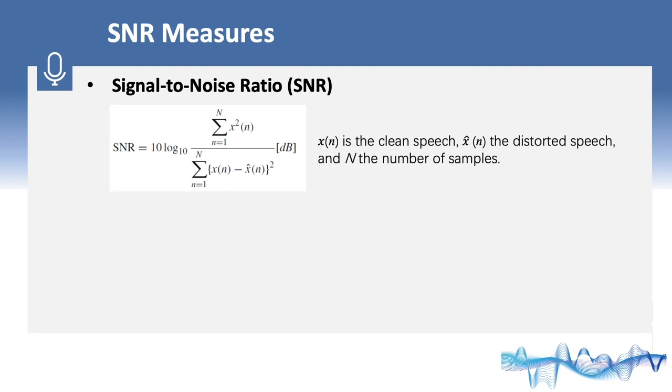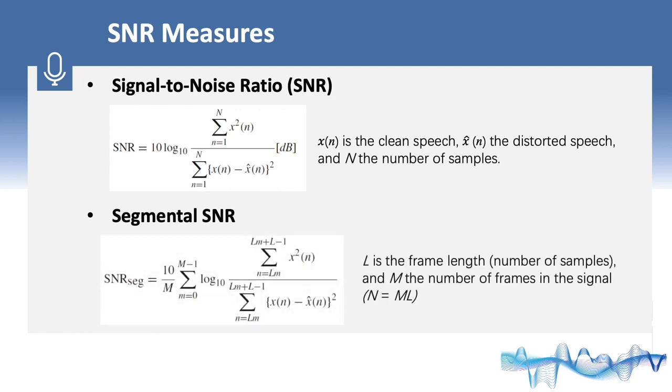Because speech energy fluctuates over time, SNR was calculated in short frames and then averaged. This measure is called the segmental SNR, which agrees well with the subjective quality.